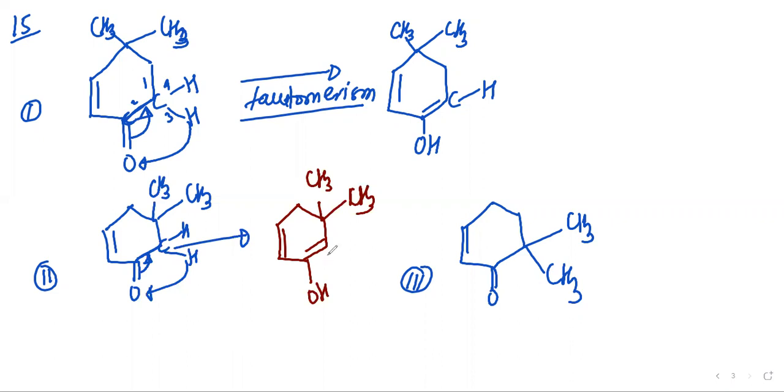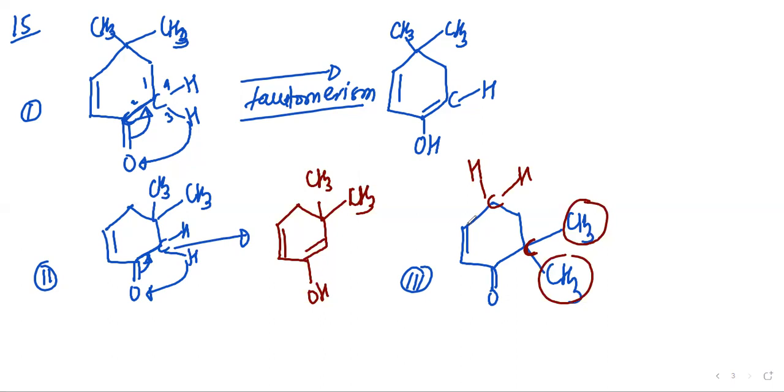Yes, sir. Now see the third one. So the carbon here makes four bonds with branching CH3, right? And here it has two hydrogen atoms. So what will happen? It will now do shifting of the pi bond.